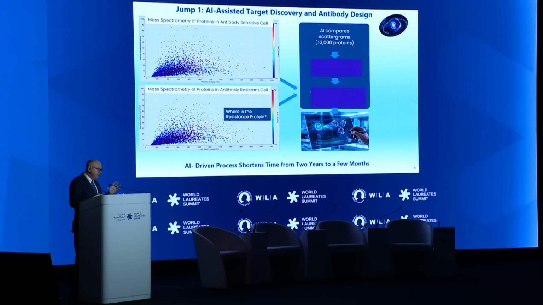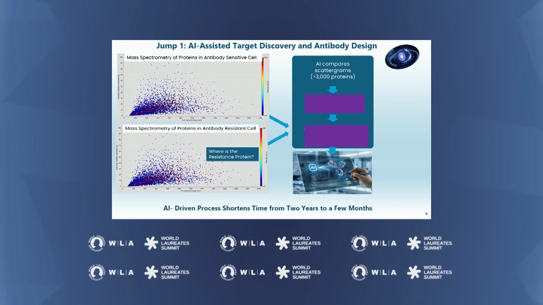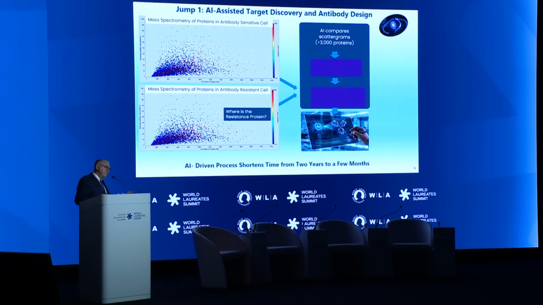So the origin of resistance to therapy is multifold. In this case, I'm just showing you a display of all the proteins inside a cancer cell. On the top, this is a cancer cell that's not been treated, and on the bottom is another display of more than 3,000 proteins in the resistant cancer cell.